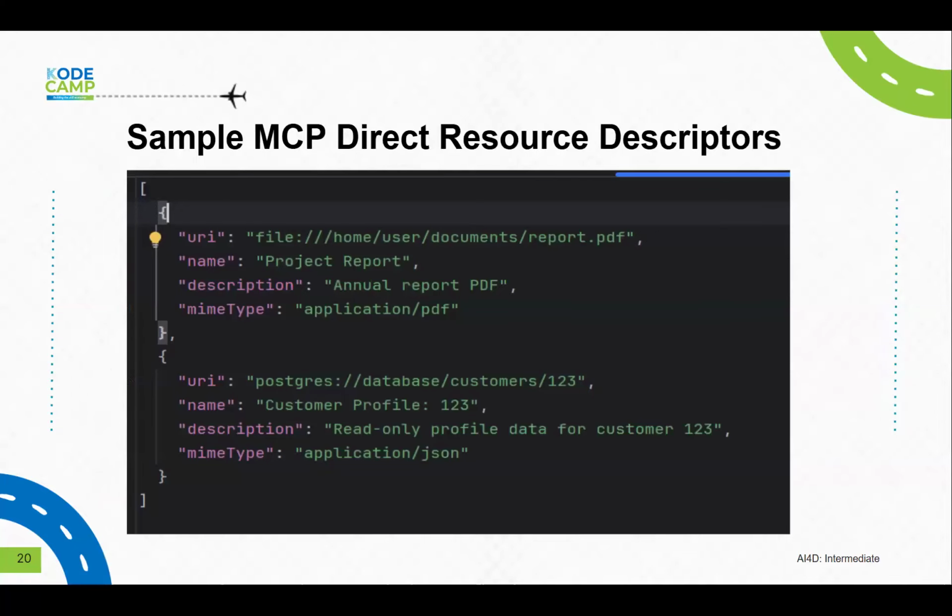And now here's a sample of direct resource descriptors. They have a URI, the name of the resource, its description, and a MIME type.